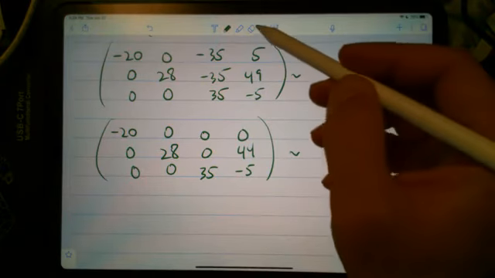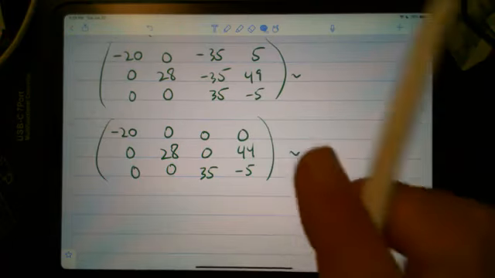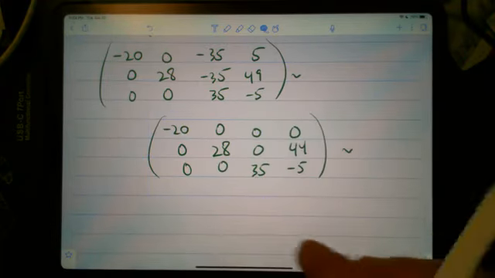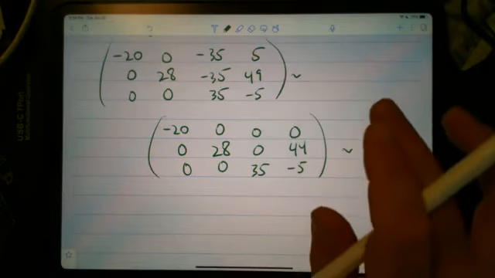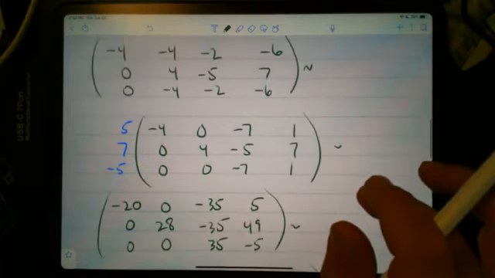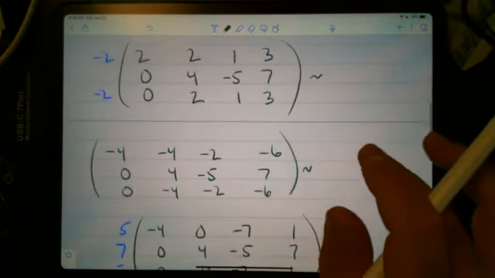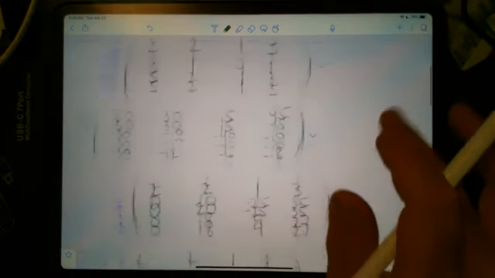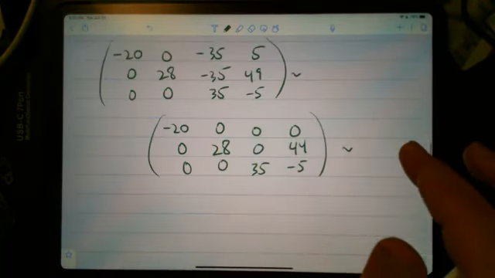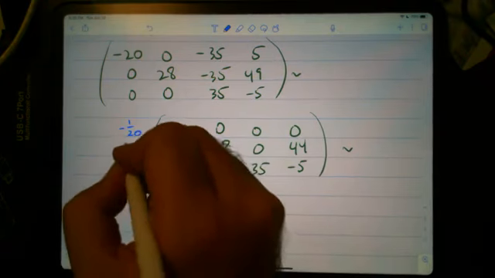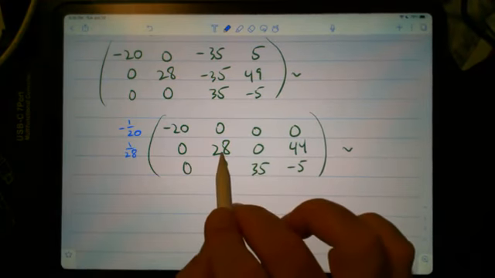Okay. So if I multiply this by -1 over 20, it's going to turn that into a 1. Multiply this by a 1 over 28, it turns this into a 1.